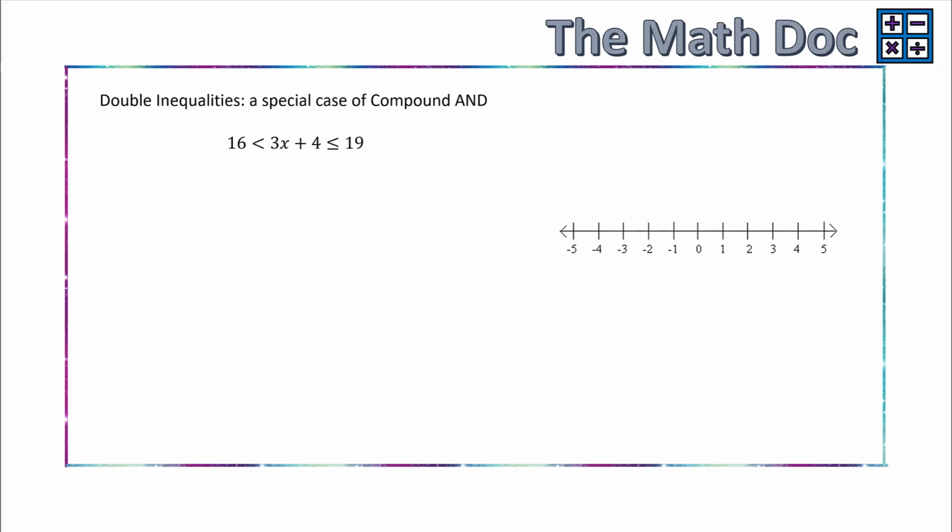This example is just a little bit more complicated than the previous demonstration. We just have to do a little bit more work in order to isolate x and find the values of x that will satisfy this double inequality. So remember again, what we like to do is isolate our variable x. And in order to do that, we have to do something with our 4 here.